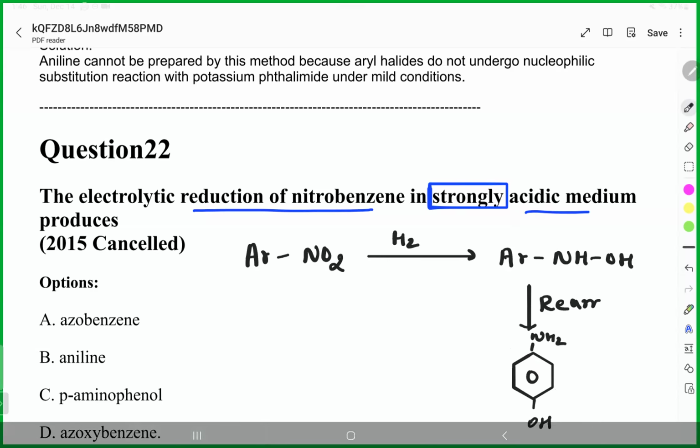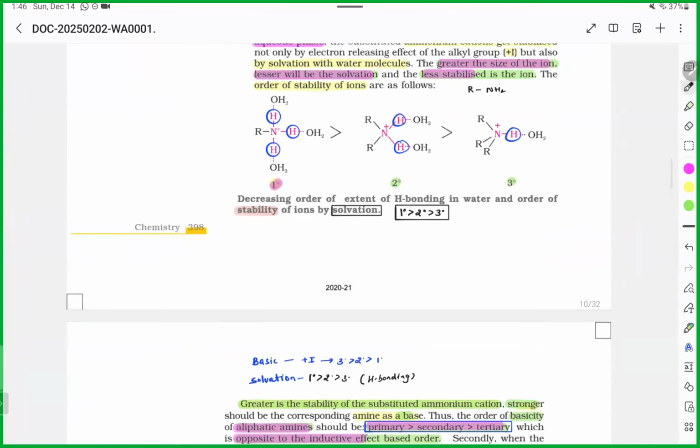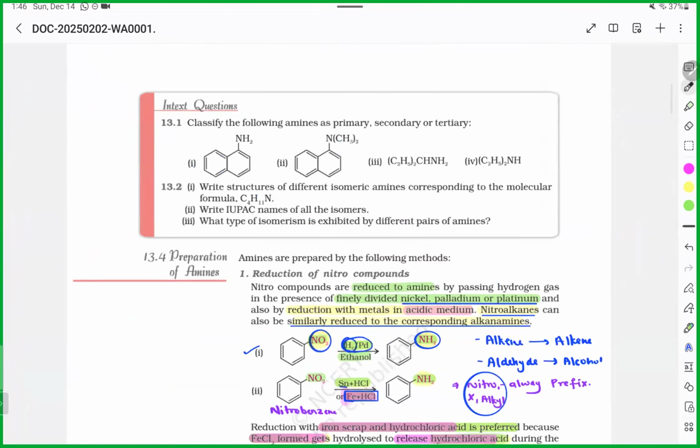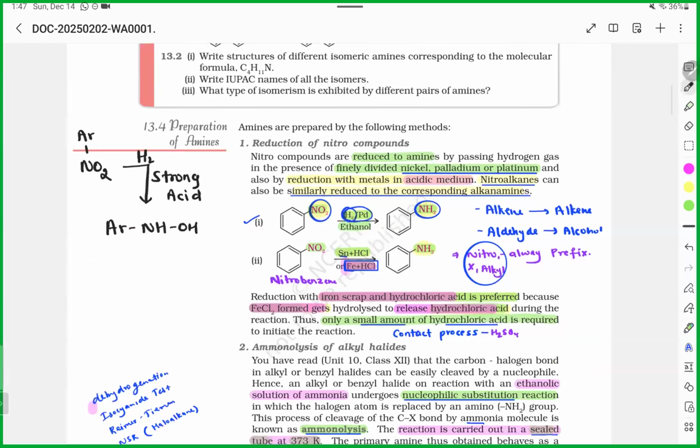Okay, so this is a good time to add some extra stuff to the NCERT so your notes become better. Very first reaction in the preparation. If you have NO2 attached to the benzene ring, do reduction in presence of very strong acid. So what will happen in this case? You will have the benzene ring, addition of two hydrogen and removal of oxygen. Then it will undergo rearrangement.